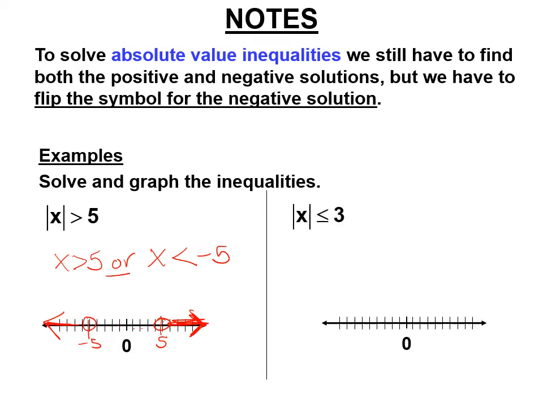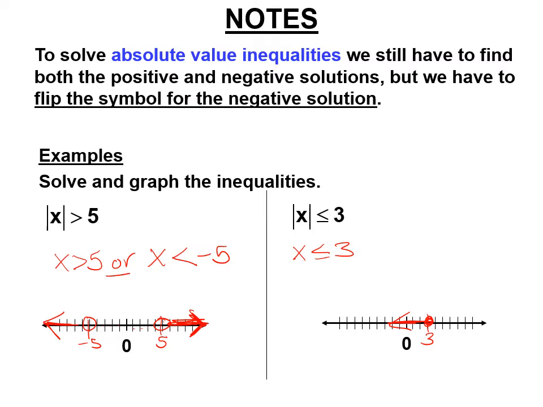So now let's look at this one. x is less than or equal to 3. So what numbers would make that true? Well, all the numbers less than or equal to 3 would make it true. So 1, 2, 3. All these numbers, right, would make it true. But wait a minute. Would all those numbers make it true?